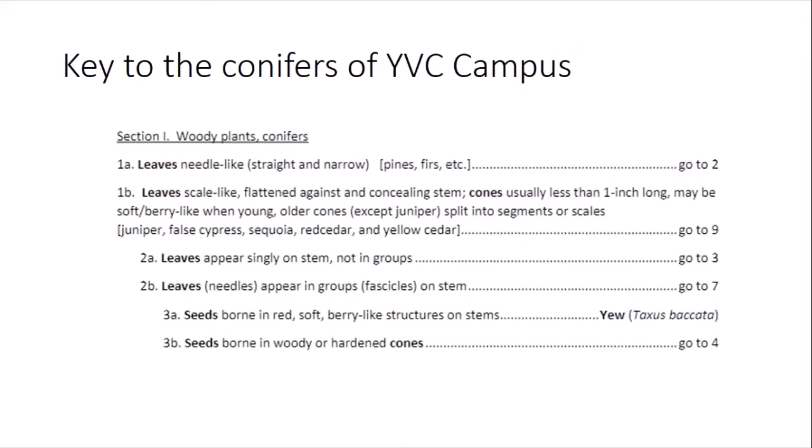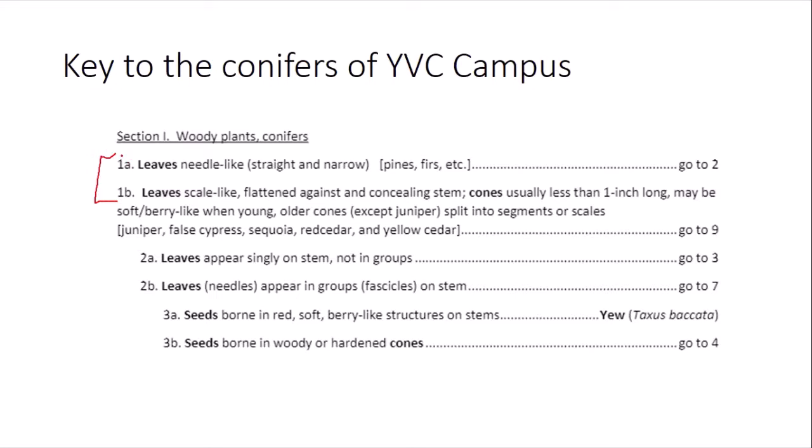So let's start with a key that I made for the conifers of the Yakima Valley College campus. All keys work about the same. They have these numbered pairs. Usually there's two. If it's a dichotomous key, there's some keys with three, maybe even more choices, but usually it's two. And you're going to read each of those choices. They're numbered the same.